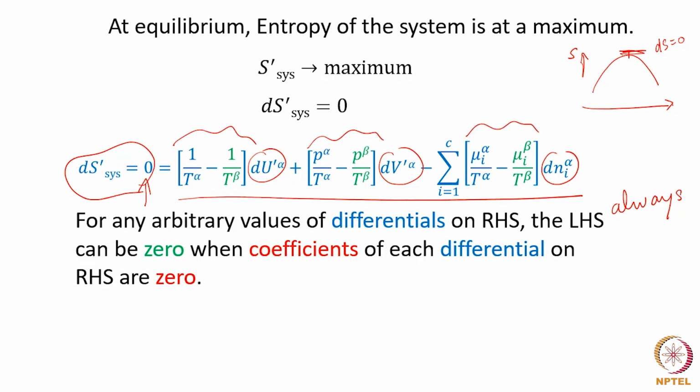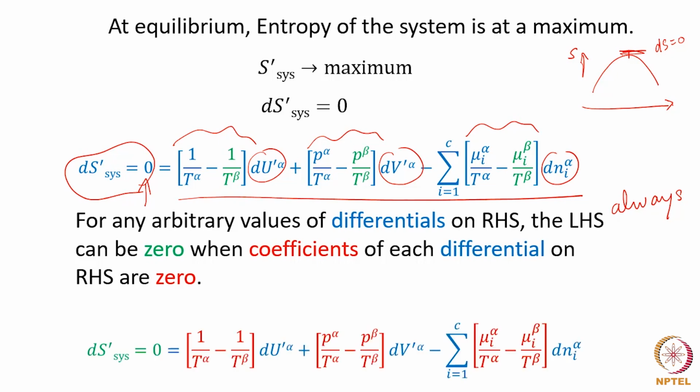then we can always ensure that the right hand side is 0. So that's the reason why we say that the first coefficient of dU alpha, namely 1 by T alpha minus 1 by T beta, has to be 0. The second coefficient of dV alpha, which is basically P alpha by T alpha minus P beta by T beta, has to be 0. And again the third coefficient in front of dn I alpha, that is mu I alpha by T alpha minus mu I beta by T beta, has to be 0.